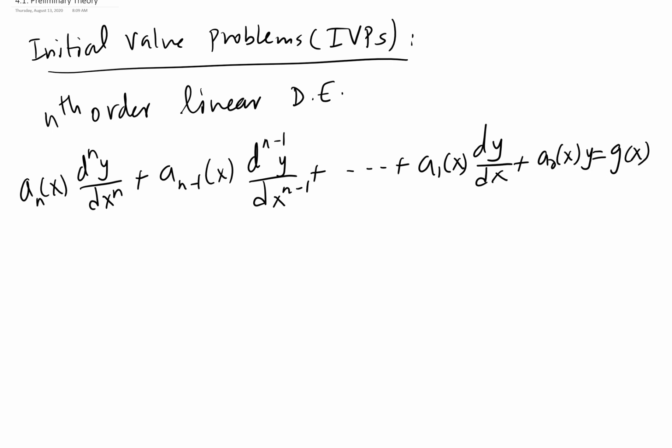All these a sub n, a sub n minus 1, all the way to a0, are coefficients. G of x is a function, and the other ones are derivatives.